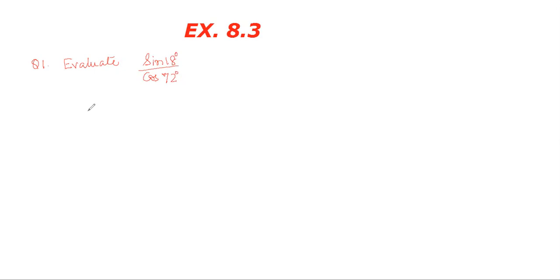Suppose I am taking sine 18 degree and I want to change this by applying the formula. I will read this 18 degree as theta. So now I will read it as sine theta, and the identity that I have told you for complementary angles, sine theta is equal to cos 90 minus theta, and theta we have supposed is equal to 18 degree.